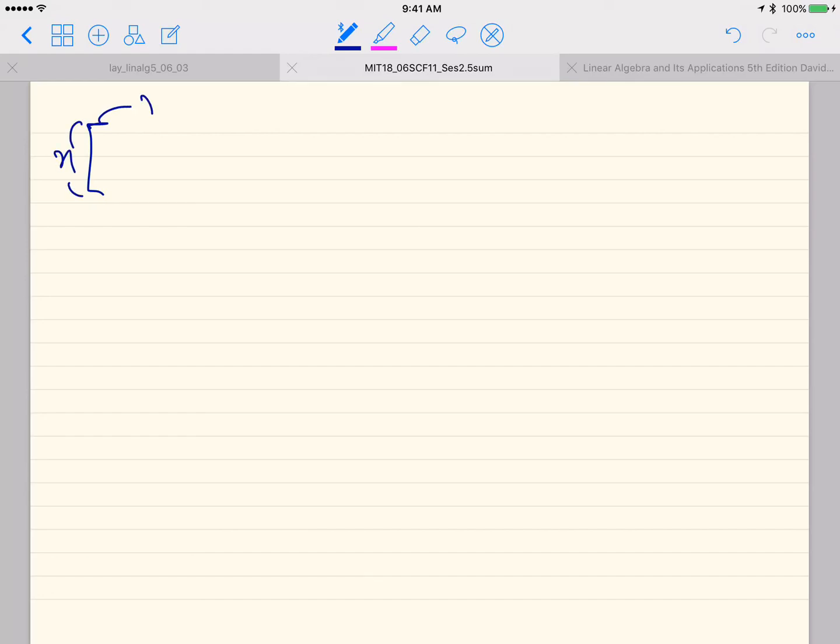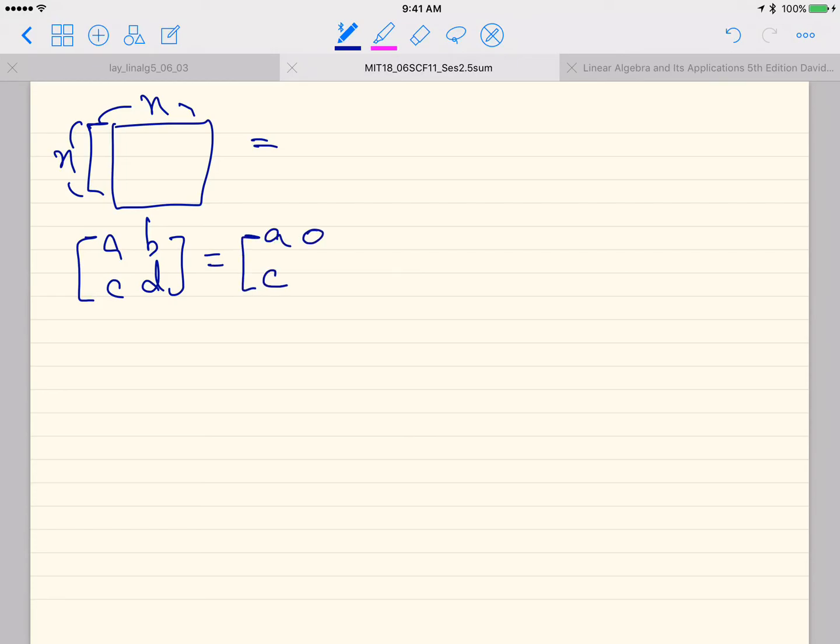Suppose you have an n by n matrix, and it will be decomposed into a summation of how many matrices? In the beginning of the second lecture, it started with A, B, C, D, and then it will be A0 CD plus 0B CD. This is one of the first properties that we promised to be true.